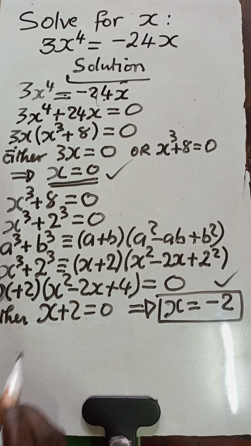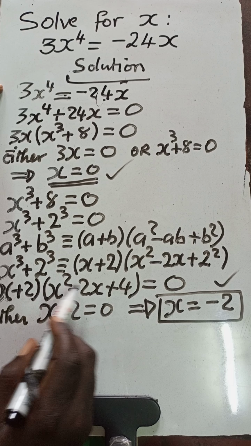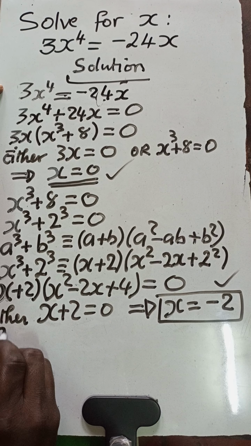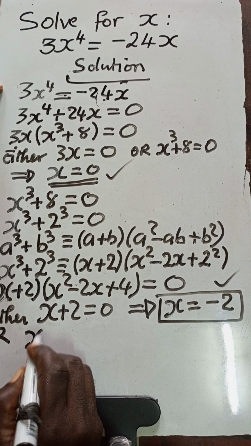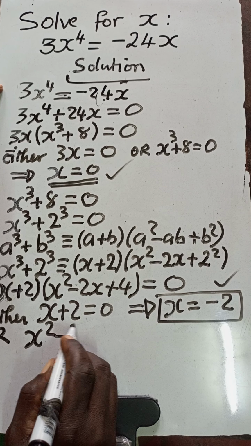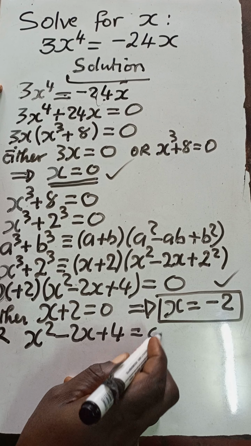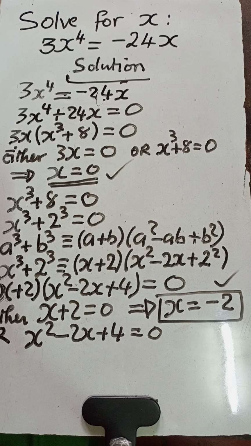Now we need to get the remaining two solutions by solving this quadratic equation. We now have x squared minus 2x plus 4 equals 0. This is a quadratic equation that will give us the remaining two solutions.